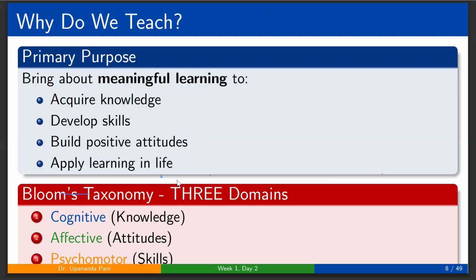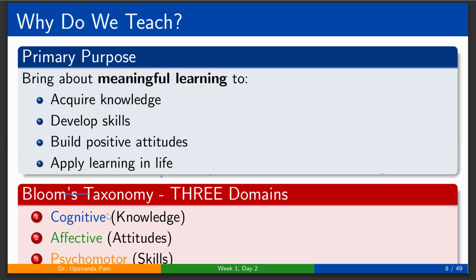Now the next question is, why do we teach? The primary purpose is to bring about meaningful learning: to acquire knowledge, to develop skills, to build positive attitudes, and to apply learning in life. Bloom's taxonomy, which is basically the guiding principle, is largely defined across 3 domains.